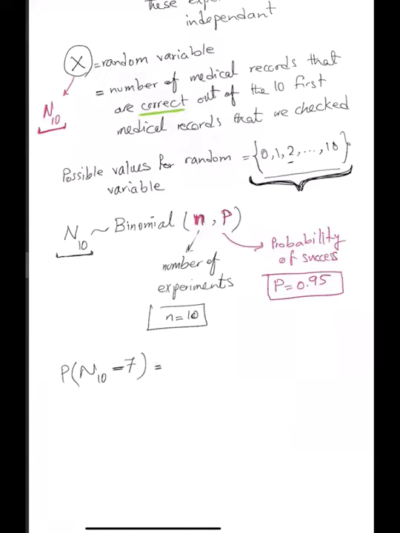Based on the formula for the binomial distribution, it's a combination of 7 out of 10, p to the power of 7, and then 1 minus p to the power of 10 minus 7.